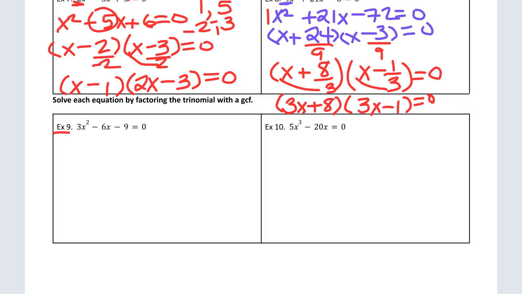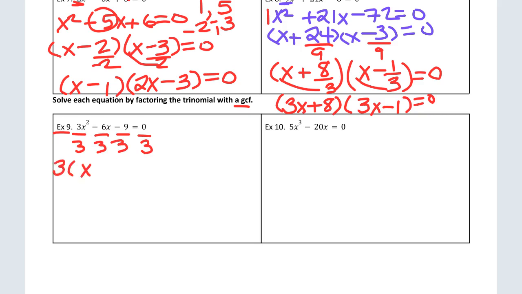Okay, example 9. Complete the same process, except now we'll start with factoring out a GCF. When solving, after factoring out the GCF, we can then divide by that greatest common factor.